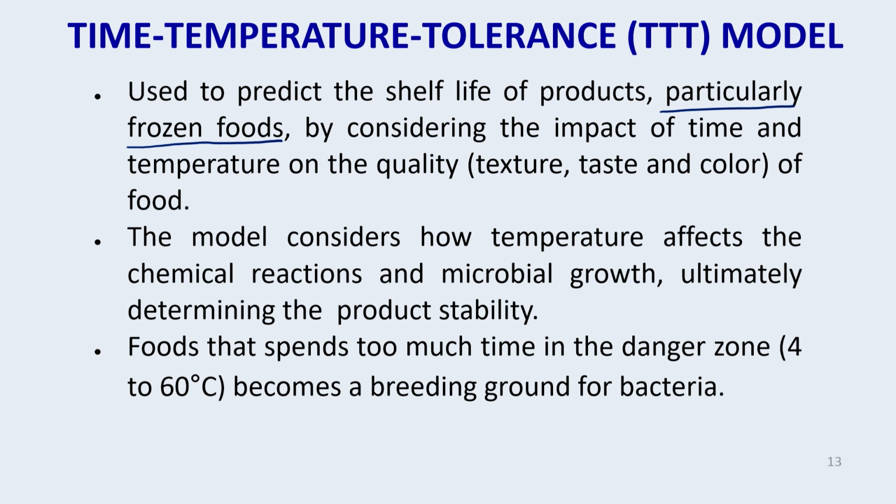Graph is plotted between the temperature and the time, and accordingly the analysis has been done. So to study the impact of the temperature on the quality, when we say quality, it is the texture, taste, the color, the shape of the food product, etc. The model considers how temperature affects the chemical reaction and microbial growth.